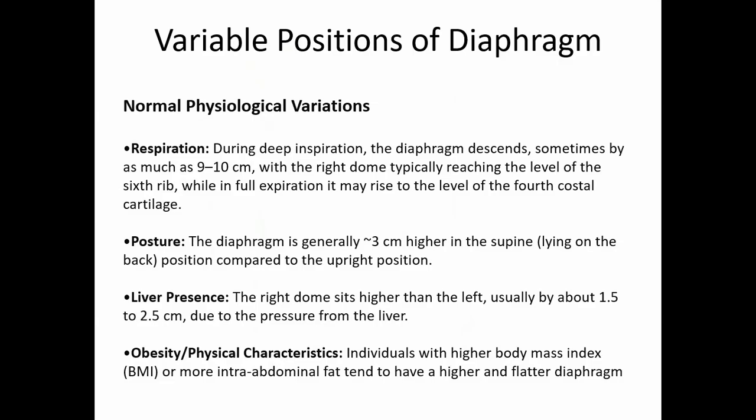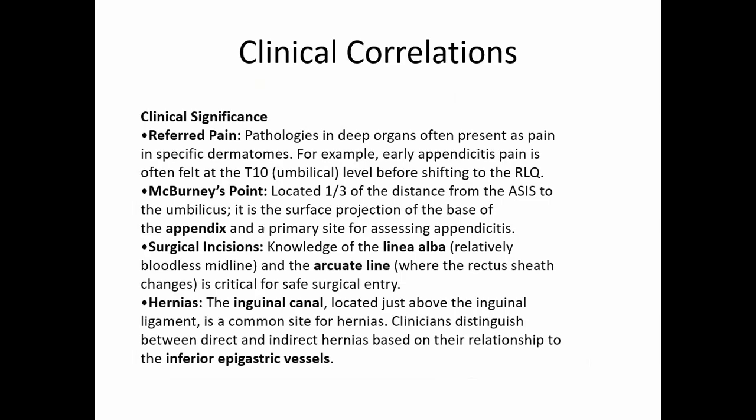So before diaphragm, I think we should discuss the clinical correlation of the surface anatomy of abdomen, because as I told earlier, the most important thing is the referred pain. We are learning the surface anatomy of abdomen for the examination point of view as well as the treatment point of view.